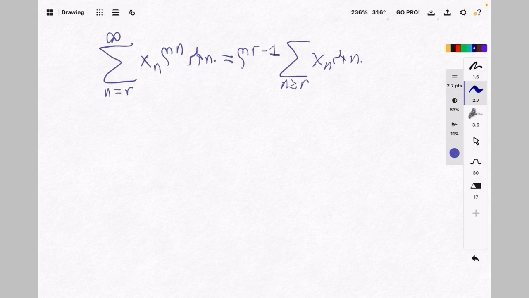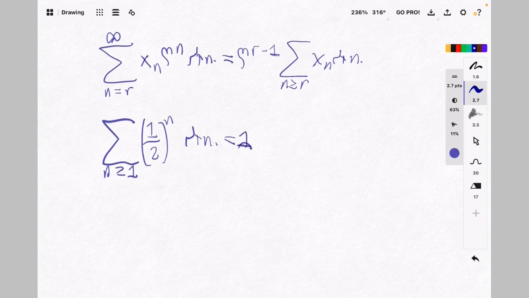So we usually would have the geometric sum 1/2 to the n, and I think that'd be n equals 1 to infinity. So that, Sue n equals 1. That's the standard.